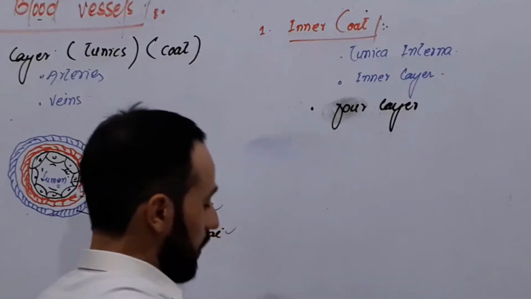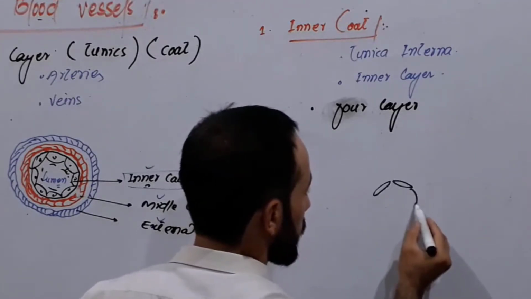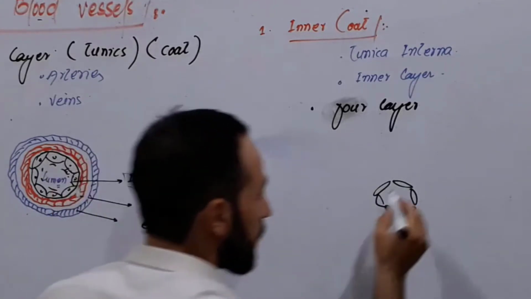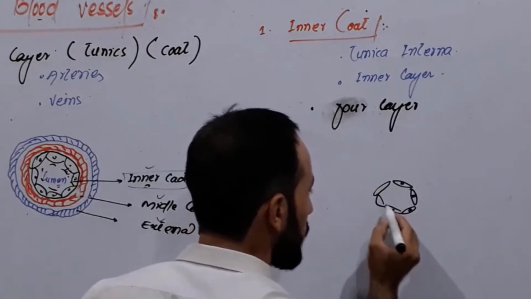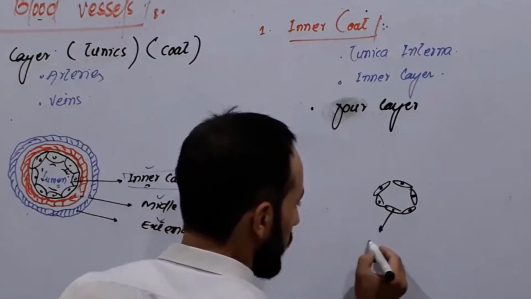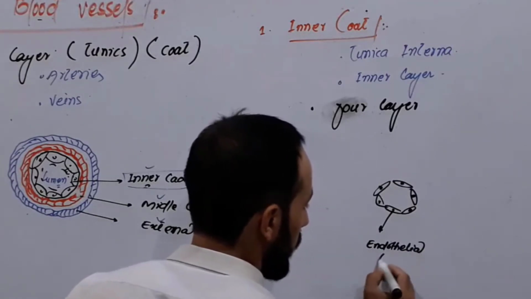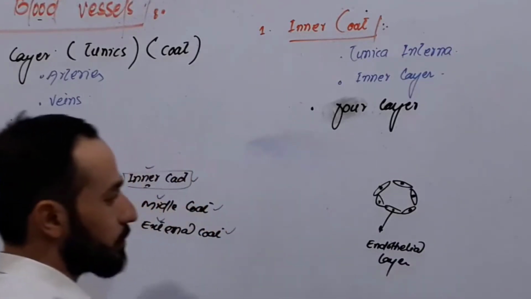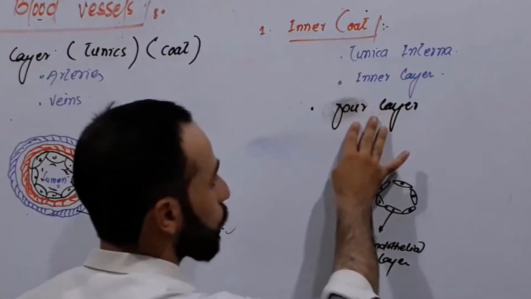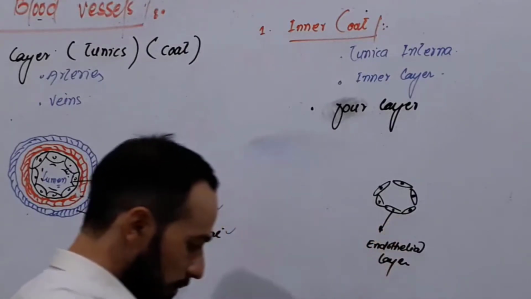The first thing we have here is the inner endothelial layer, and this first layer is made up of endothelial cells. I have told you that this inner coat is made up of four sublayers. This is the endothelium.